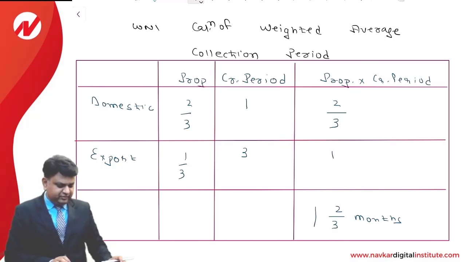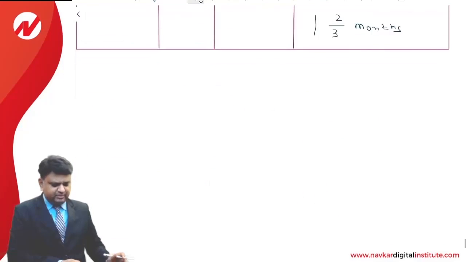After making calculation of the weighted average collection period, you can compute the debtors. That's very simple.